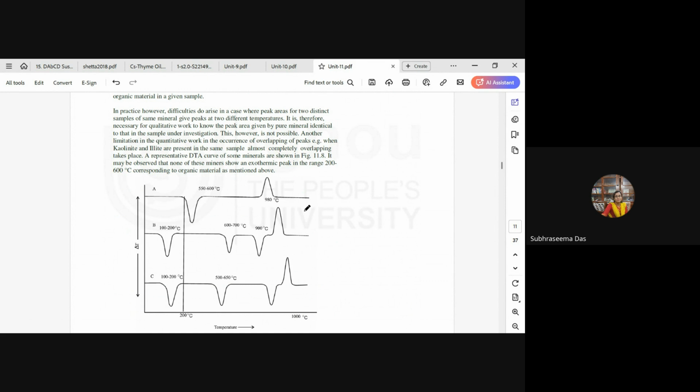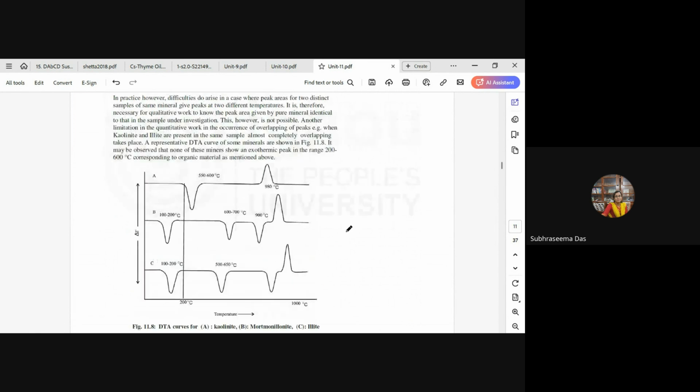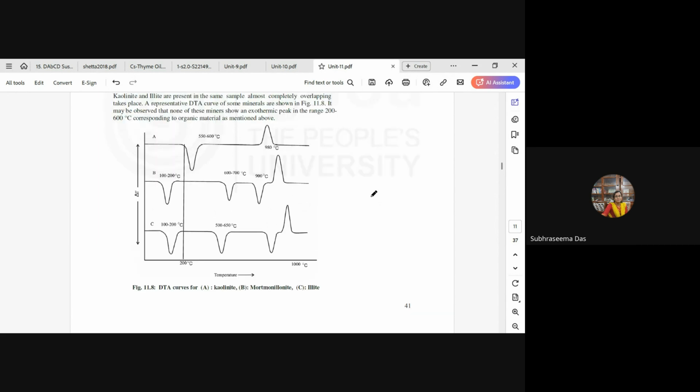If we overlap the plots, identification becomes difficult. So in such cases, to simplify the process, rather than overlapping, we do individual identification: we classify the temperature regions, and then find out what suits our material.